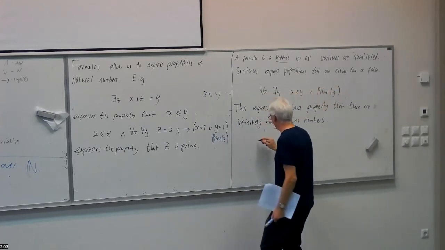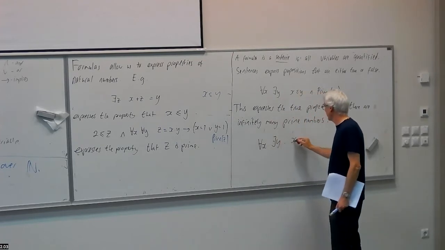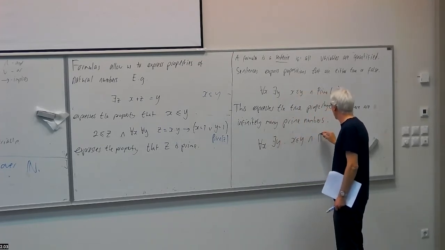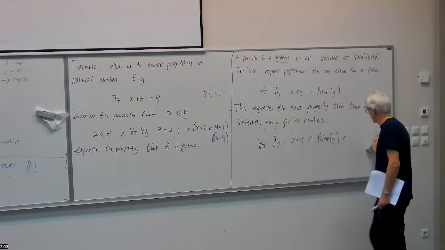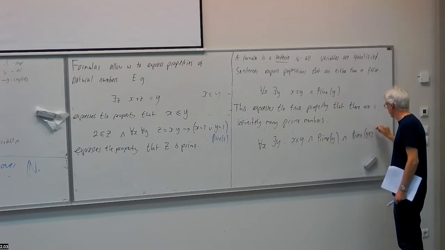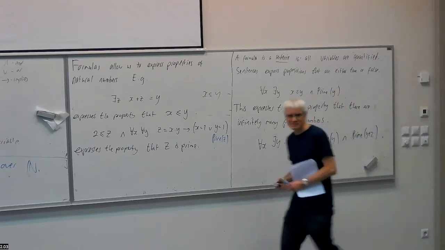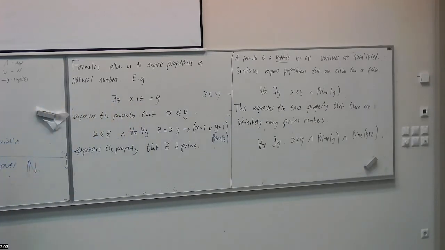So what about this one? For all x, there exists a y such that x is less than or equal to y, and y is prime, and y plus 2 is prime. So what does this express?